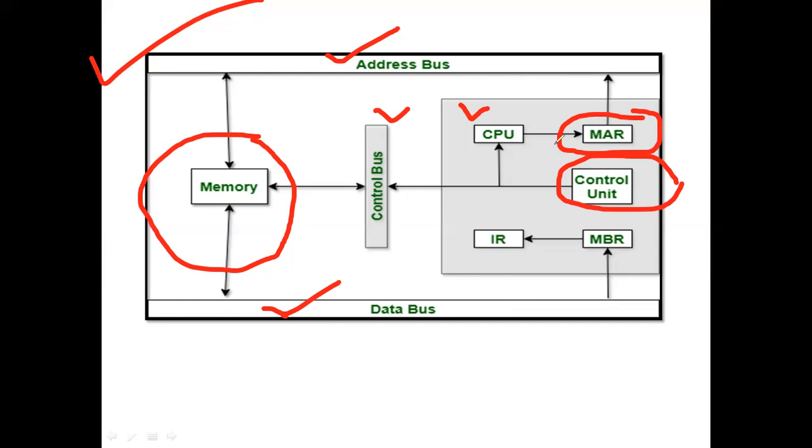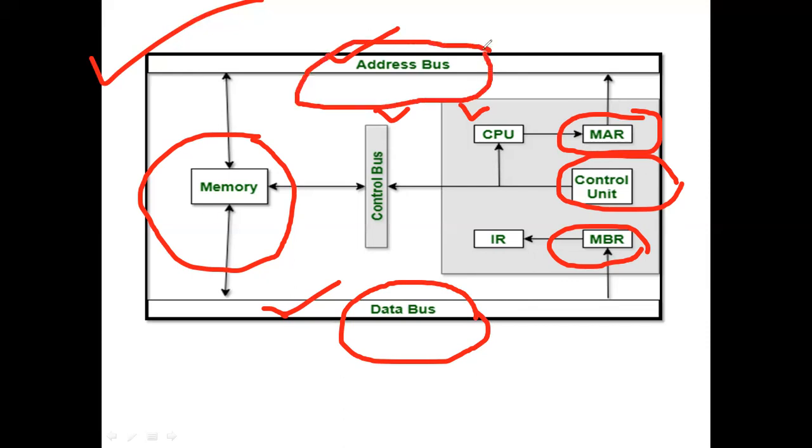So you got it that in future I may ask you a question: to which bus is the MBR linked? The answer will be: Sir, data bus. Very good. Similarly, a question may come like which bus is MAR related or linked to. The answer will be the address bus.